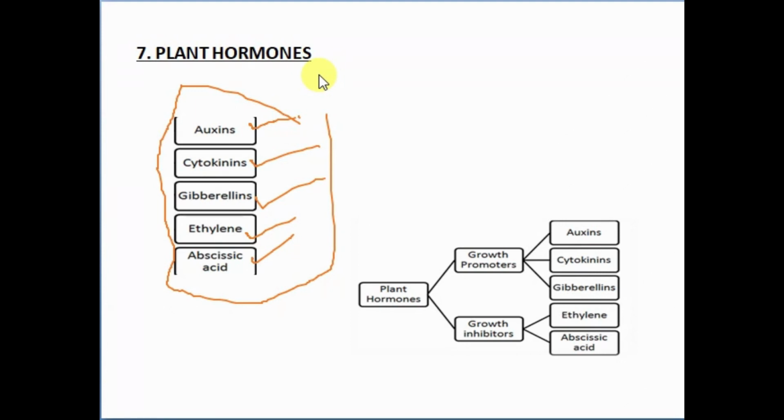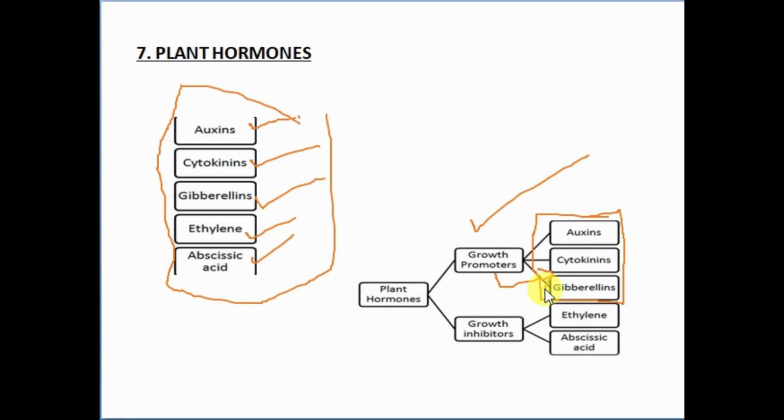These three are the growth hormones, they are growth promoters. They promote growth. If a tree is increasing its size, its length, it's because of plant growth promoters.